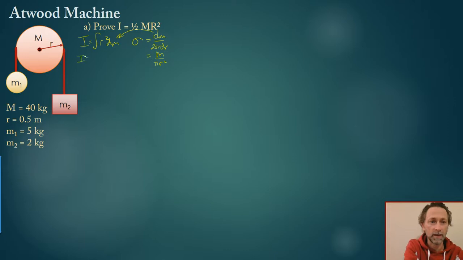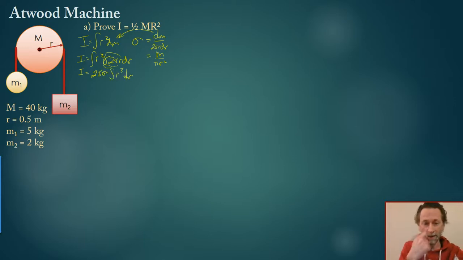So we're going to have I equal to the integral of r squared sigma 2 pi r dr. From there, remember that the 2 pi and the sigma are all constants, so we pull those out of the integral and do 2 pi sigma integral of r cubed dr. Now remember, this is going to be a definite integral. We're going to integrate from 0 to R. I used a lowercase r here, so I'm going to change that to an uppercase R so that it's different from this r here.